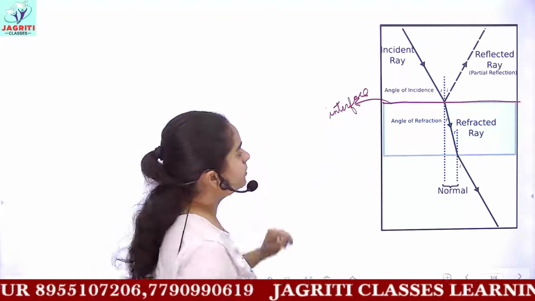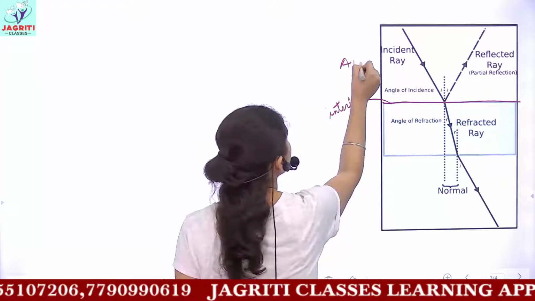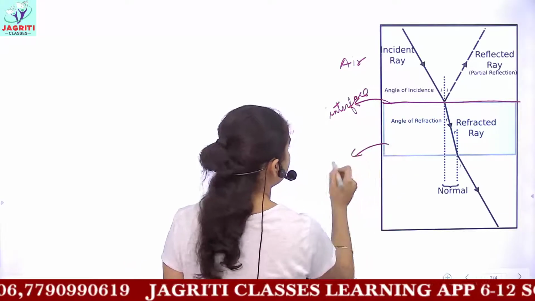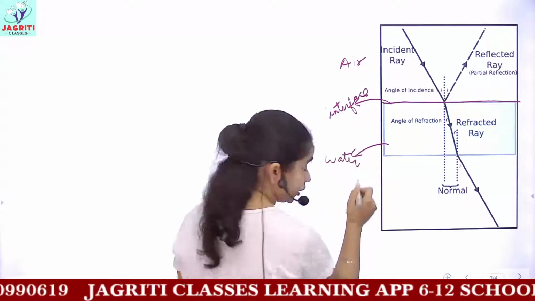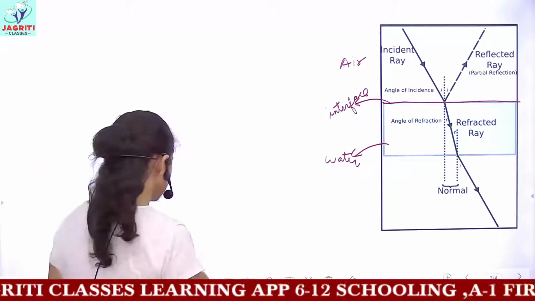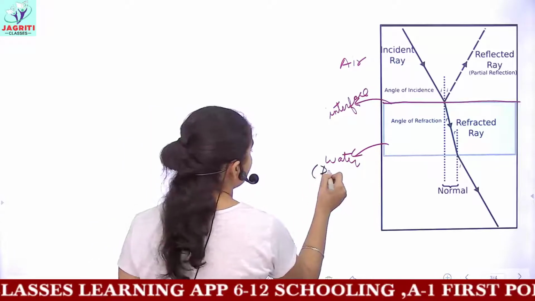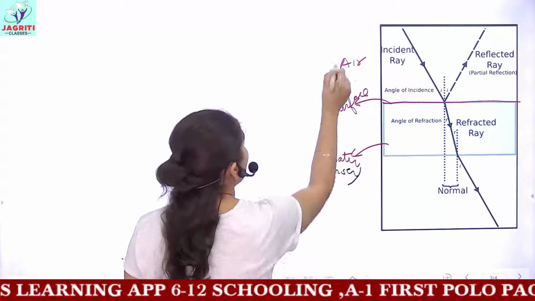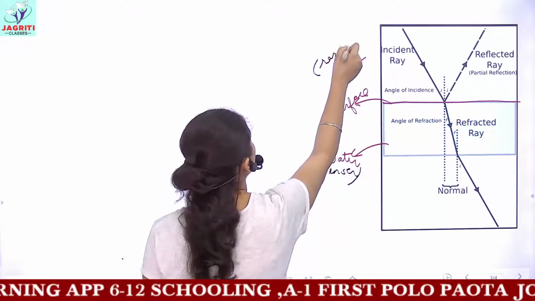The above medium you can consider to be air, and this medium to be water. And we know air and water, if we compare both, then water would be optically denser medium and air would be rarer medium.